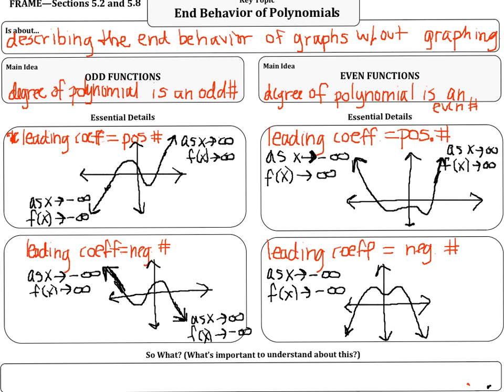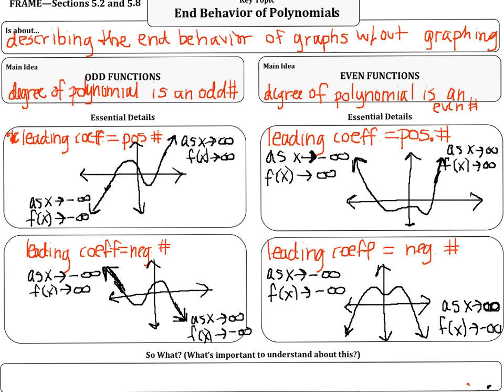On the other side of this one, as x goes to positive infinity, my function, f of x, is going to go to negative infinity. So for even functions, both ends of the graphs go either both up or both down. It depends on whether it's a positive or a negative coefficient.